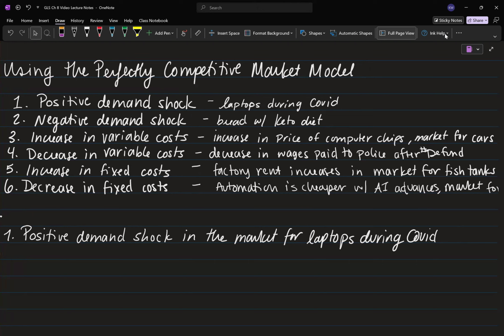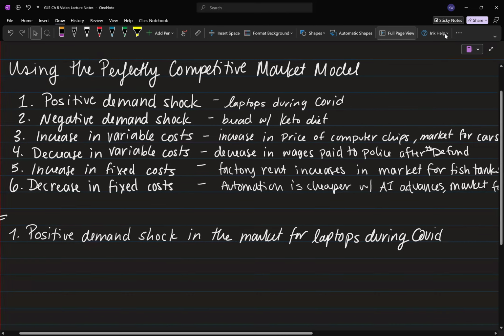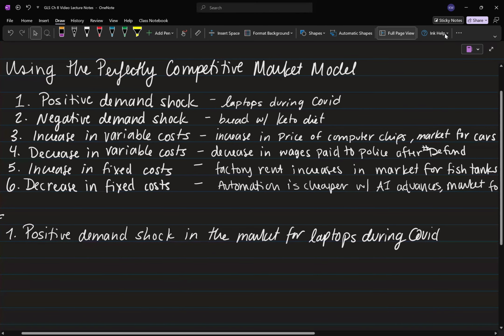So here we'll look at the market for policing services, and we'll just suppose that the wages paid to police officers fall after the hashtag defund the police movement following 2020. Fifth, we'll look at an increase in fixed costs.